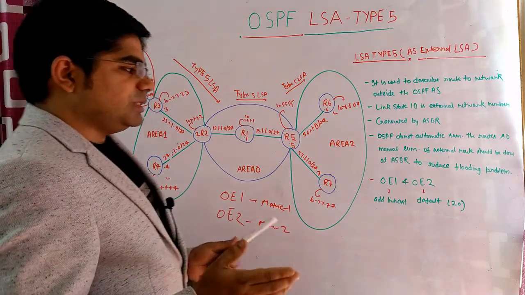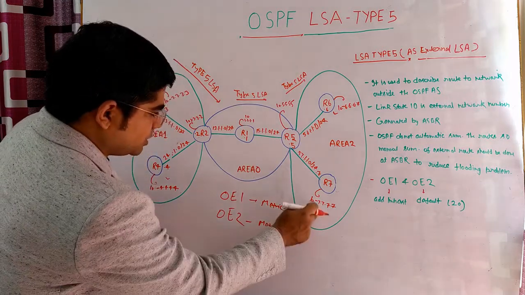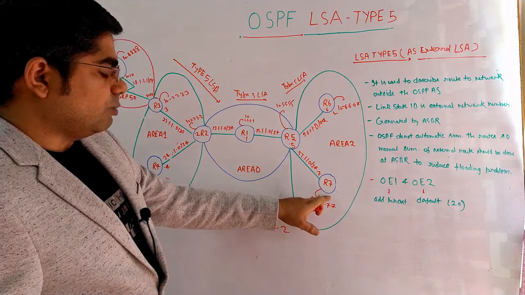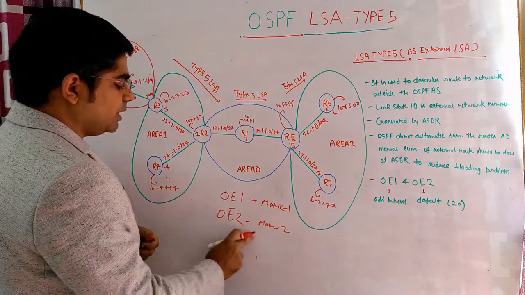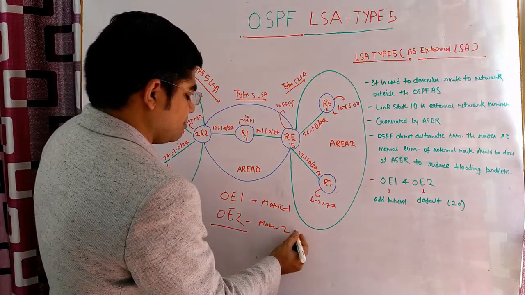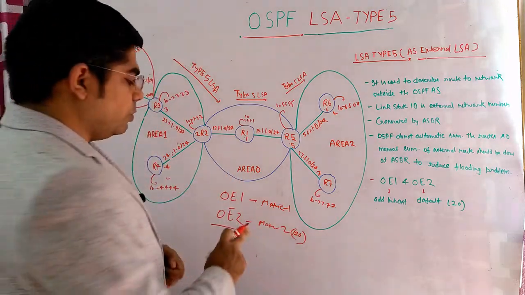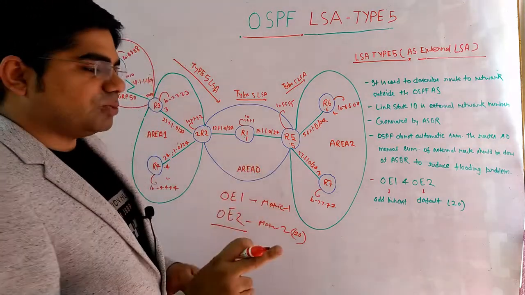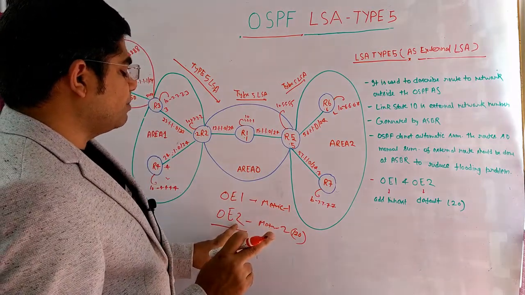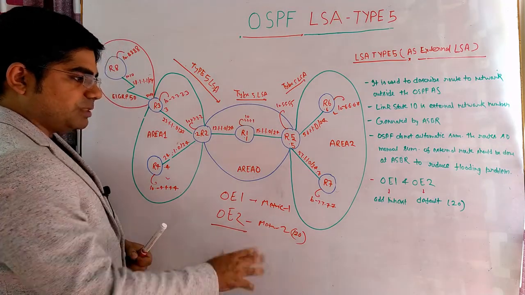If you are not changing the metric type, then it comes only as OE2. If you look at the OSPF route on router 7 in the routing table, you will get OE2, and the default metric will always be 20. By default it will set 20 if you have not set the metric type 1 during redistribution, meaning it is metric type 2. By default it is set to OE2.